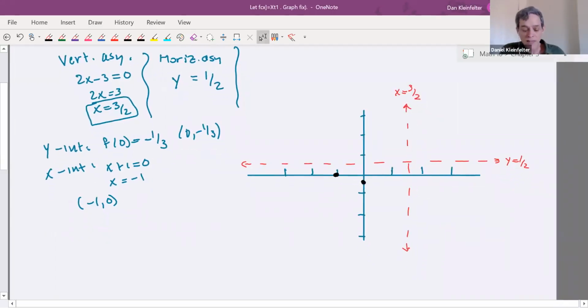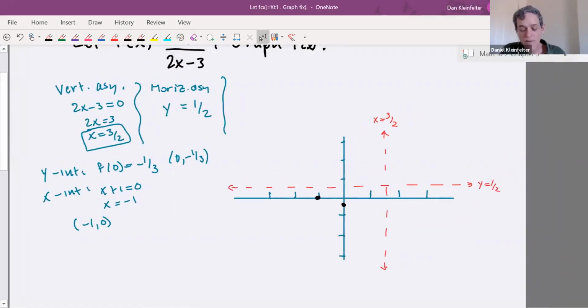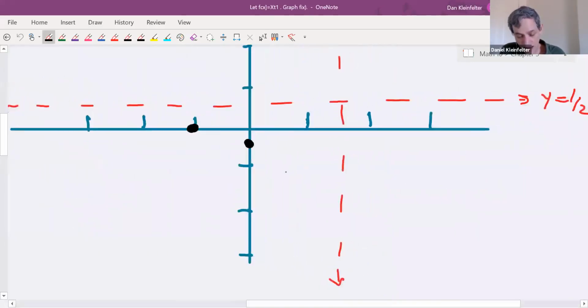All right, so that's what we've got so far. So we need to figure out how the rest of this graph is going to look. We know that the graph doesn't cross its vertical asymptote. So we need to think about where it will have to be. The only x-intercept we have here is at -1. So right here at this point, we need to think about where this is going to go.